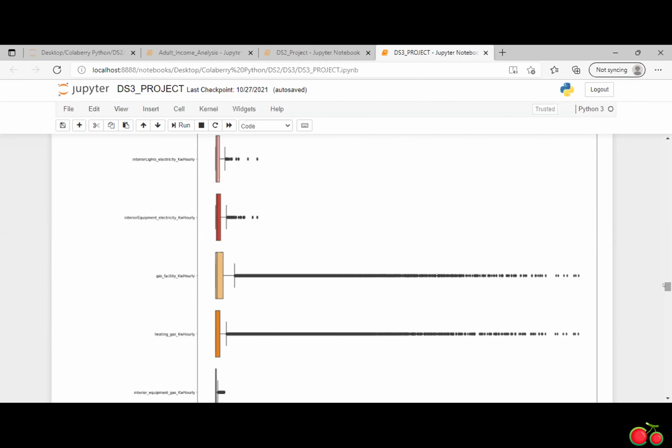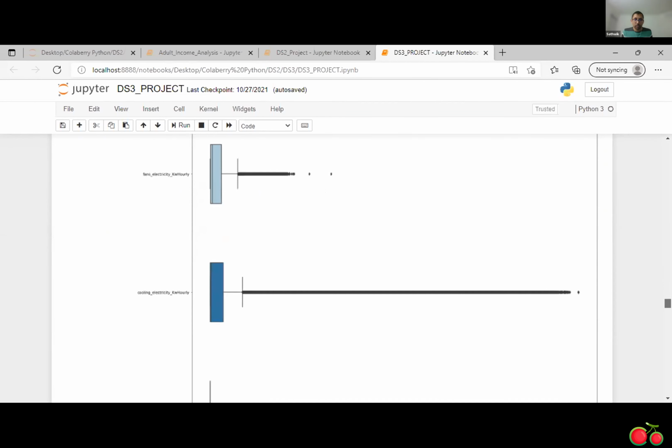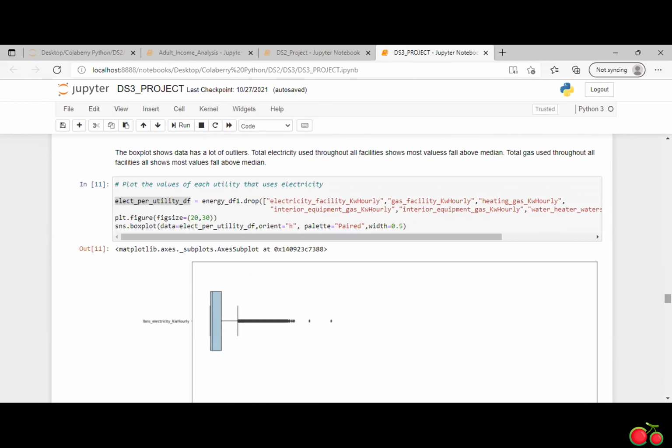Because we are plotting all of these features in the same plot together, it's turning out like this. But what you really want to do is plot them separately so that you actually see the spread. Okay. But good job. So we'll get rid of this. I thought, let's do box plots for all the electricity, excluding the total, and then for the gas.